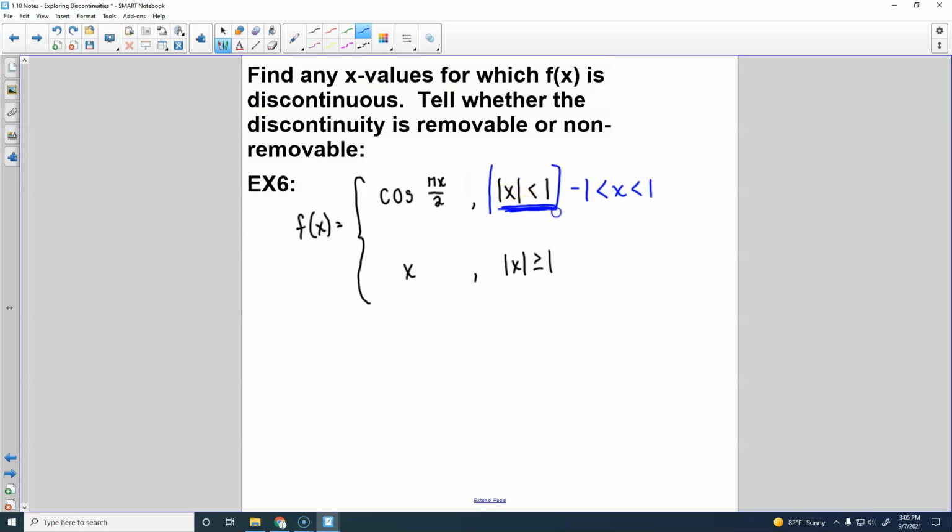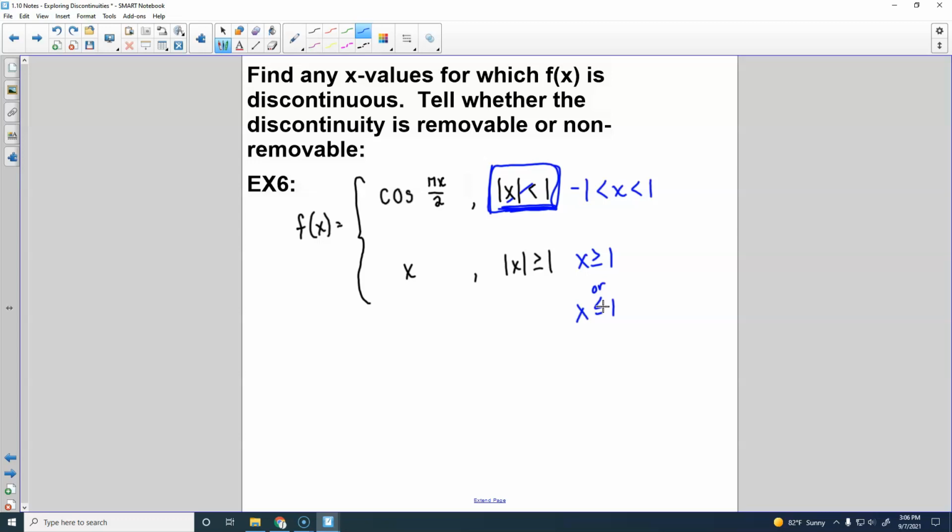And then what about absolute values greater than or equal to 1? Any number that's greater than or equal to 1 or less than or equal to -1, not +1.